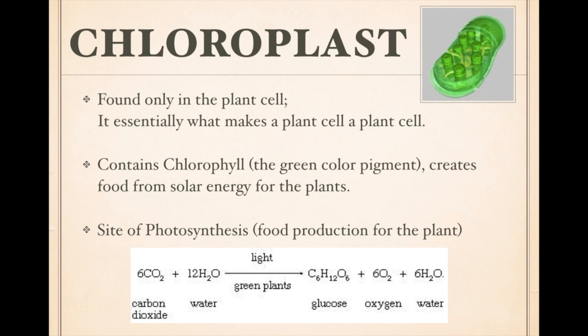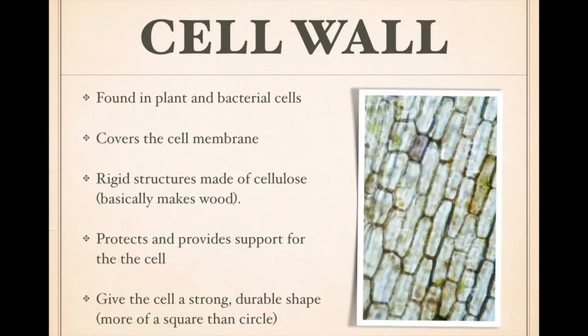Most plants don't eat other things, except your Venus flytrap and a couple others. But primarily plants take the sunlight, the chloroplast breaks it down, and then turns it into food. And then the plant can store the food in the roots. And so that's why the leaves are green, because of the chlorophyll and the chloroplast.